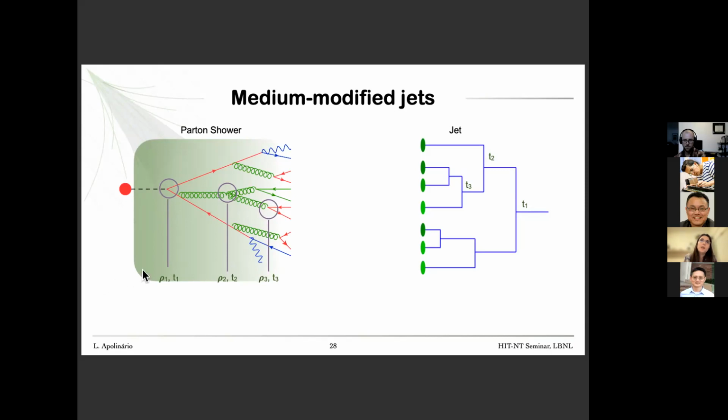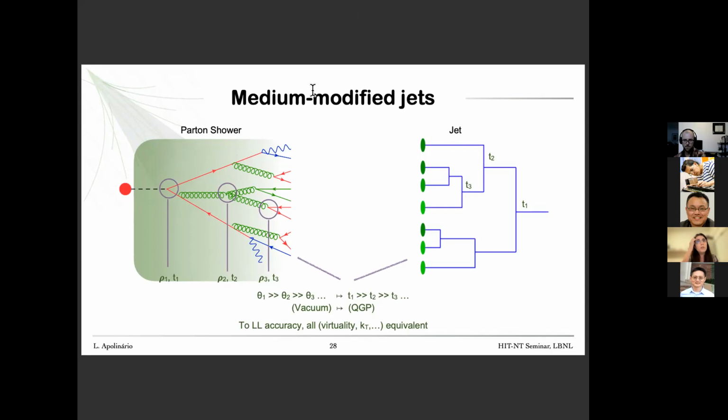So if I have a medium that is diluting with time, I have splittings that actually carry information about this dilution. If I now look at the clustering tree of my jets, I can hopefully identify, again, scales that are related to the scales of the quark-gluon plasma. If I have a scale related to the quark-gluon plasma, then I have something that perhaps can tell me if my jet is being strongly or weakly quenched.